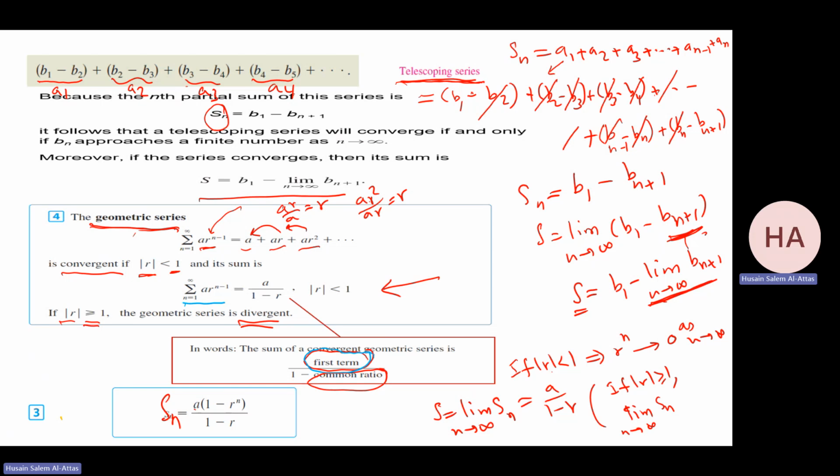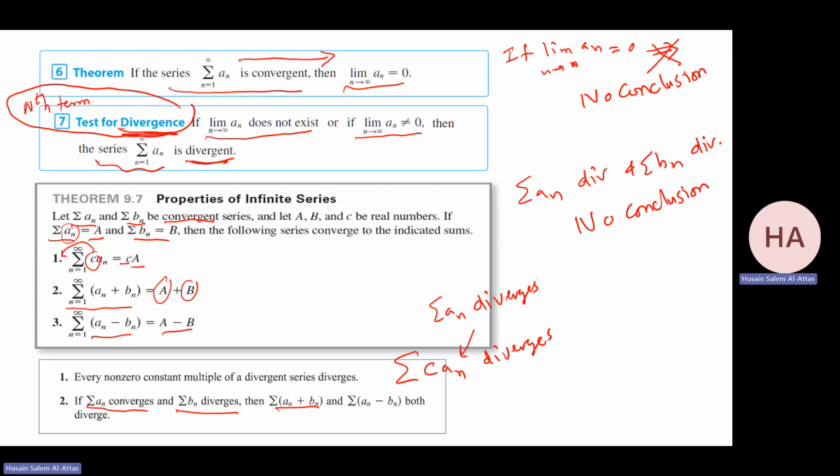It either does not exist or goes to plus or minus infinity. So we say this sequence diverges: it does not exist or goes to infinity.